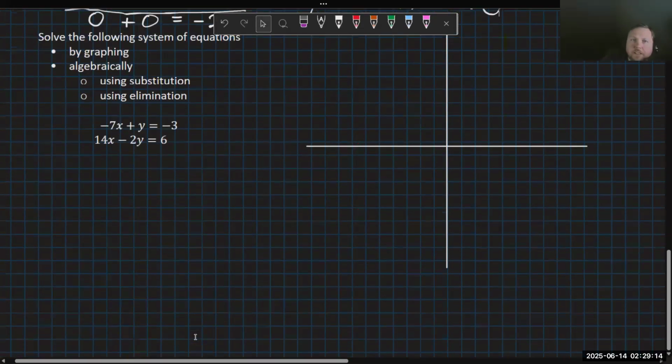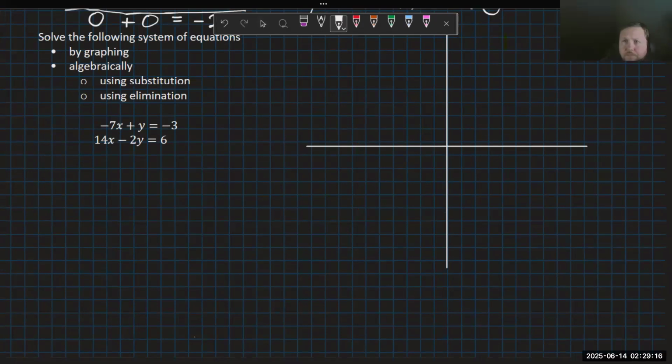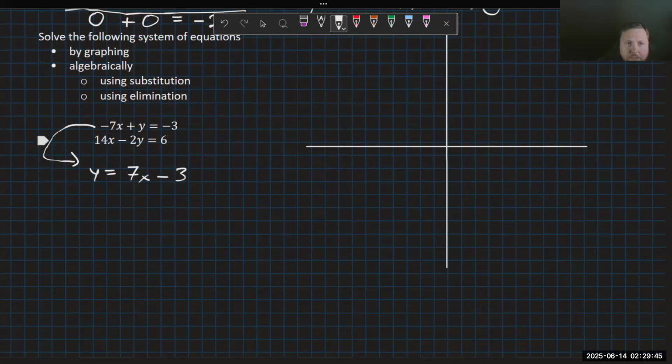All right, the last example. Solve by graphing, and then algebraically using substitution, and then using elimination. So I'm looking at this one. That one, I can easily find y is equal to 7x minus 3.